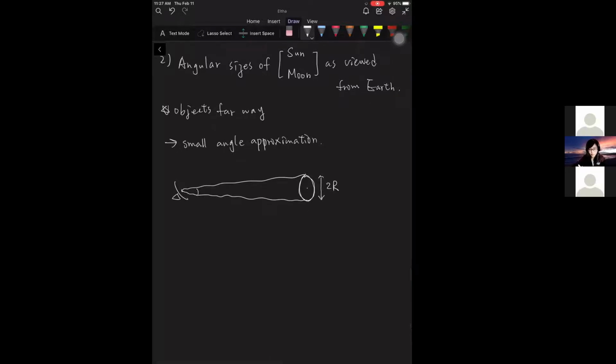And if we look out, there will be an angle here. And let's say the distance of this object is d. With small angle approximation, we get that 2r will be equal to d times theta, right? So theta is the angular size. So the angular size would be 2r over d. It's pretty simple to calculate the angular size of objects on the sky.